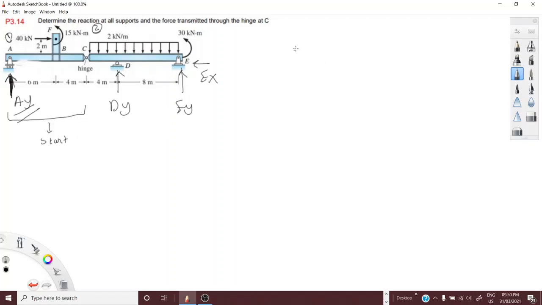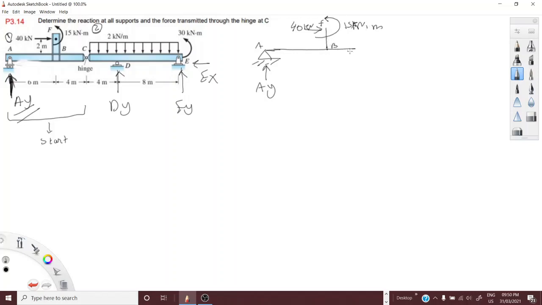So we have here support A, which is AY. And you have here a force of 40 kilonewton, and there is a 15 kilonewton per meter load.